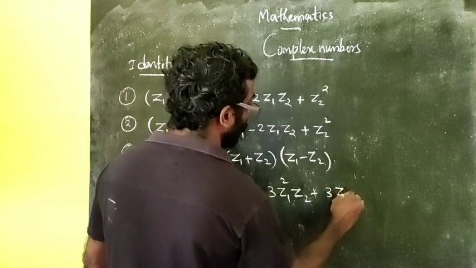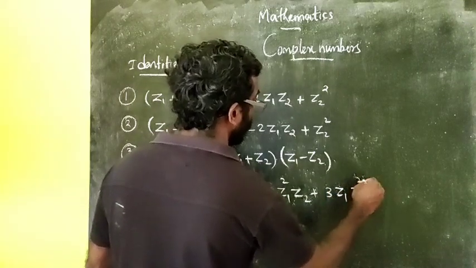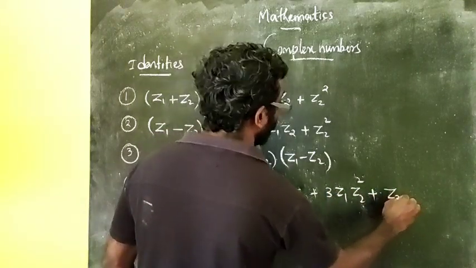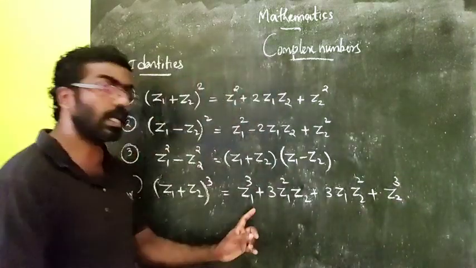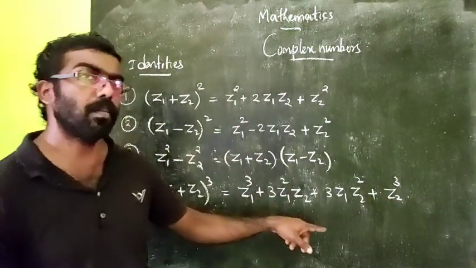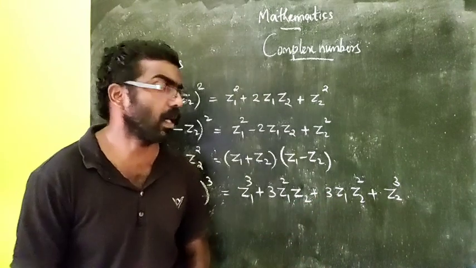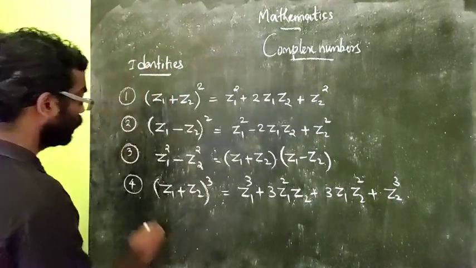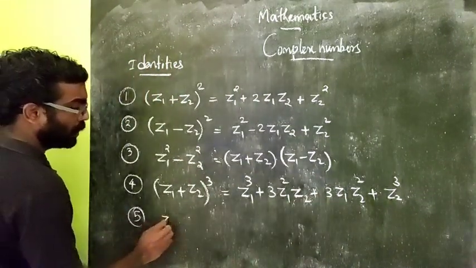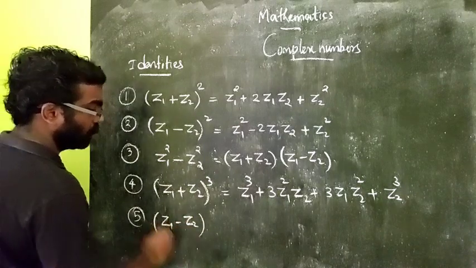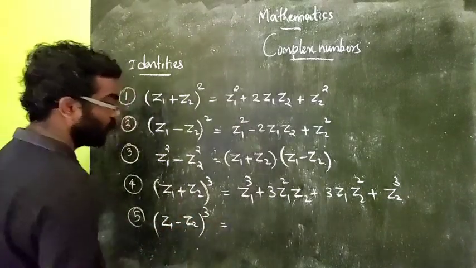then 3 z1 z2 square then plus z2 cube, like a cube plus 3a square b plus 3ab square plus b cube. Okay, and the next one is z1 minus z2 the whole cube, like a minus b the whole cube.